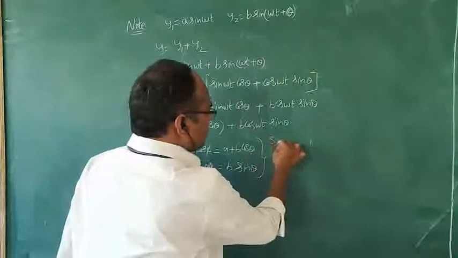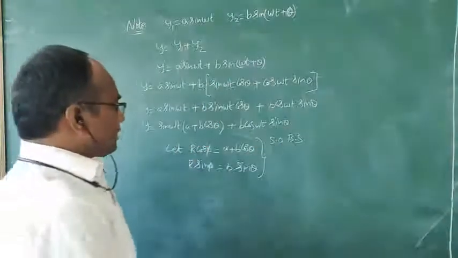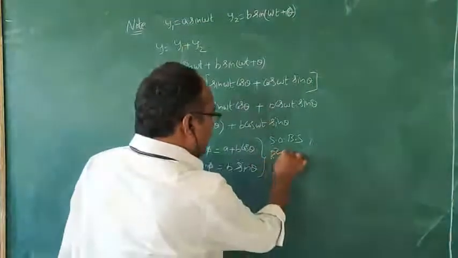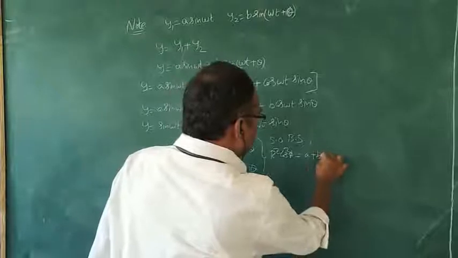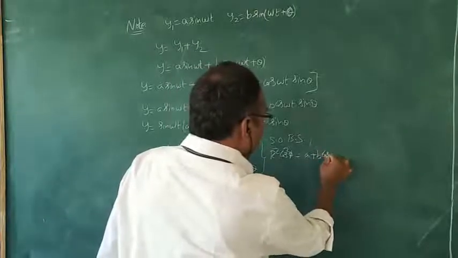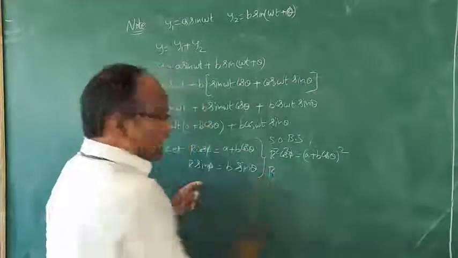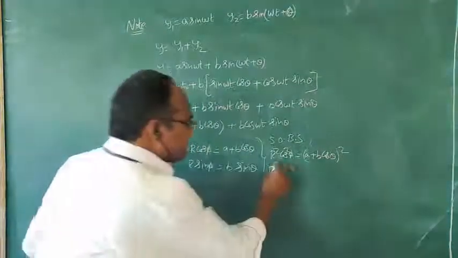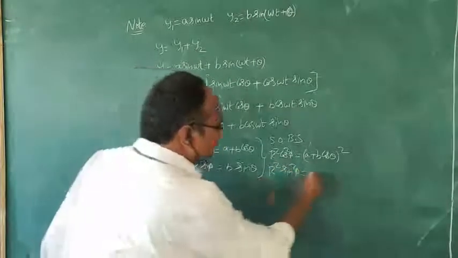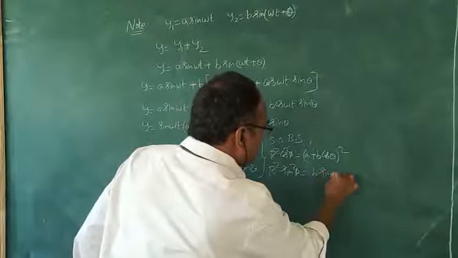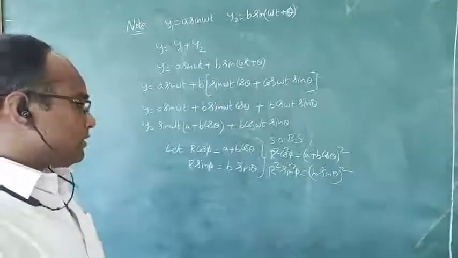So r square cos square phi is equal to a plus b cos theta whole square. R sin phi means what? r square sin square phi is equal to b sin theta whole square.